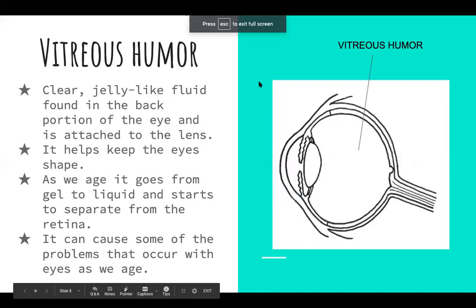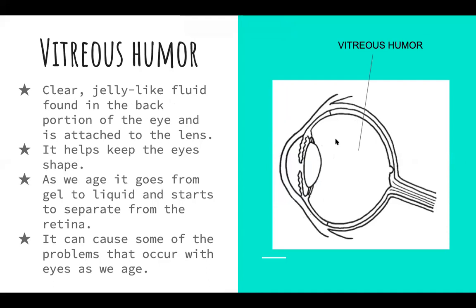All right, the next part of your eye is the vitreous humor, and that's in the back part of the eye here. So it's a clear jelly-like fluid found in the back portion of the eye, and it's attached to the lens. So when you see the eye dissection happening, they might squeeze out the lens, and attached to the lens you will see the vitreous humor.